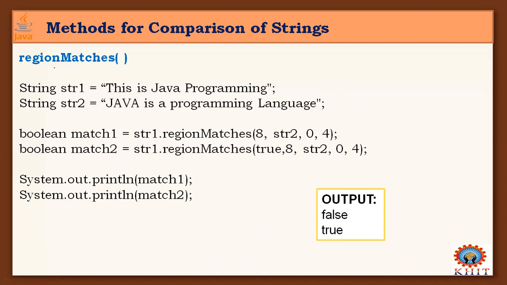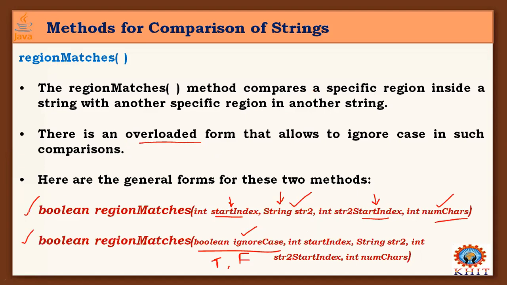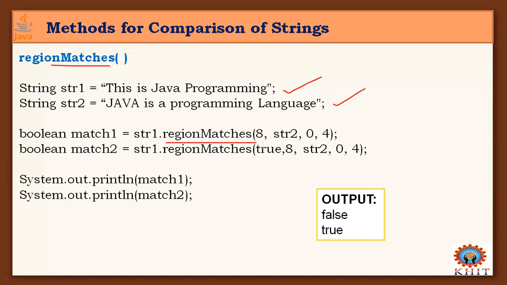So coming to this regionMatches example. String 1 is "this is Java program", and string 2 is "Java is a programming language". Here I'm invoking the first form of the general method, regionMatches without case sensitivity. I'm directly giving the starting index 8 of the first string, S1, because string 1 is the object invoking this method and string 2 is the parameter.